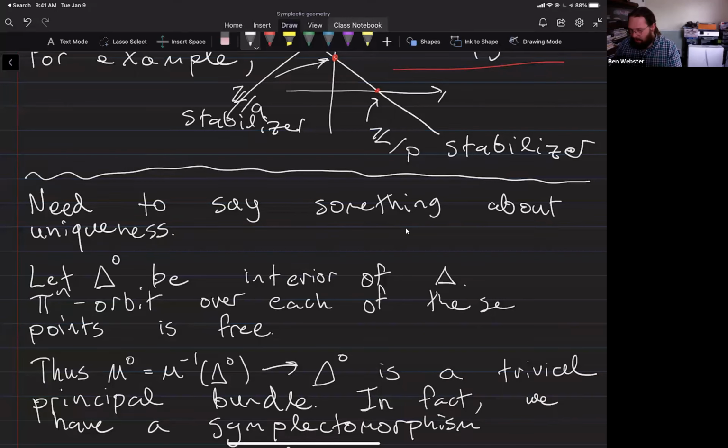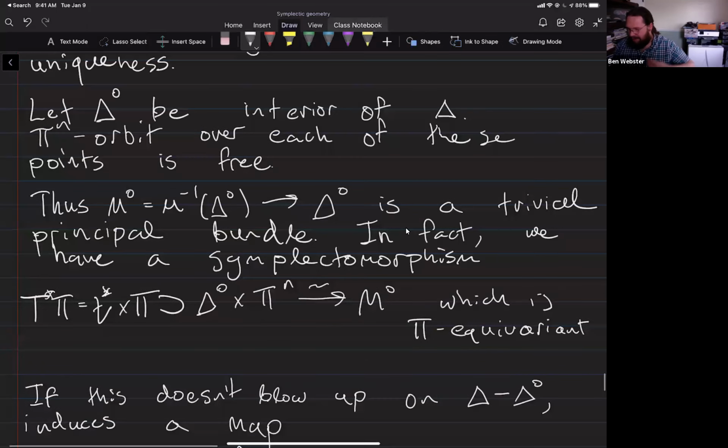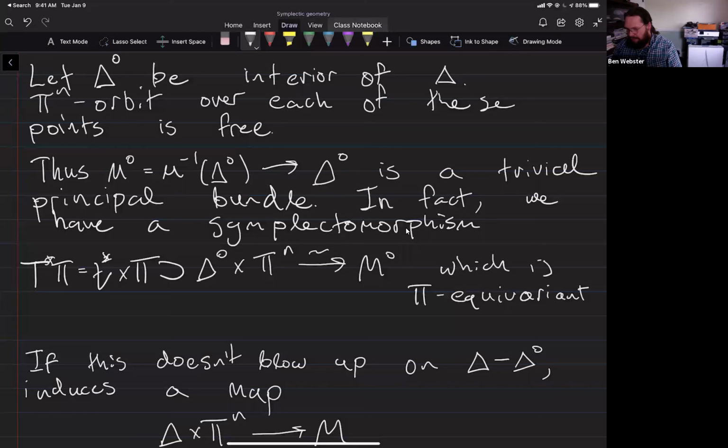If I have an orbit where the action isn't free, you can show that I'm on a wall of my polytope, in a non-trivial face. So what happens over the interior of the polytope is that my moment map goes down and I get a trivial T principal bundle.